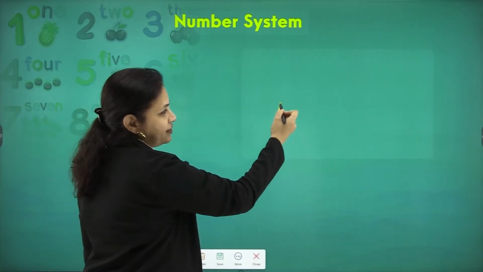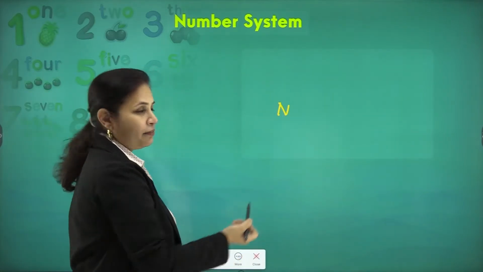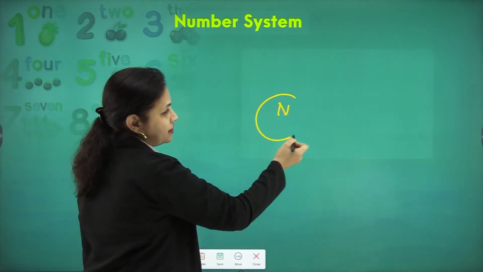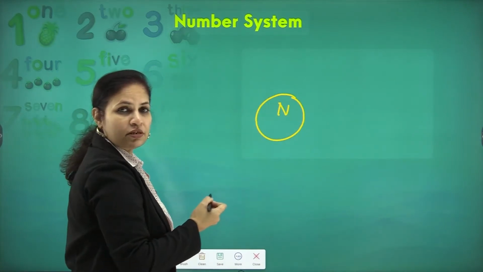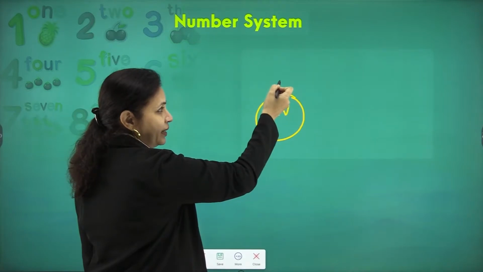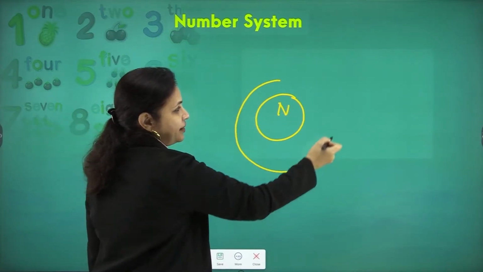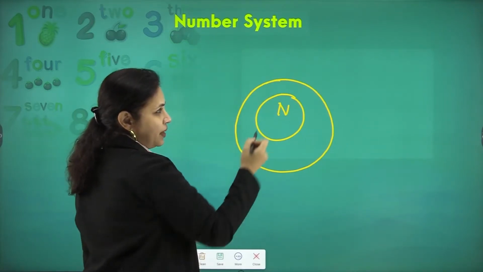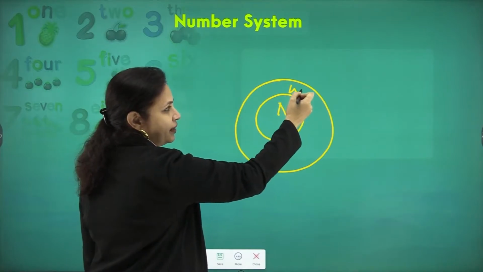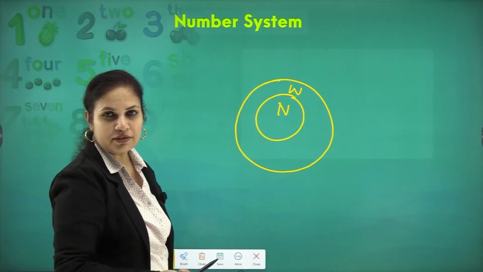So we started with natural numbers, a bag of natural numbers containing the counting numbers. To it we incorporated an element 0, and my bag became bigger and it became the set of whole numbers.